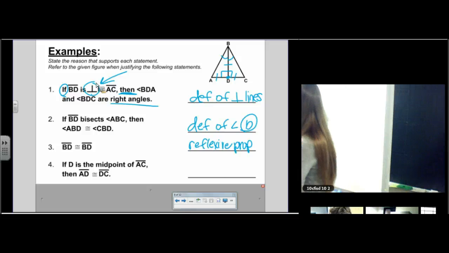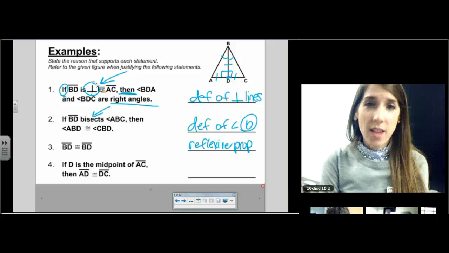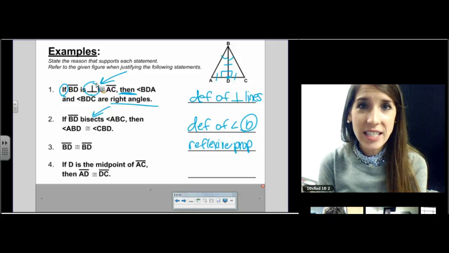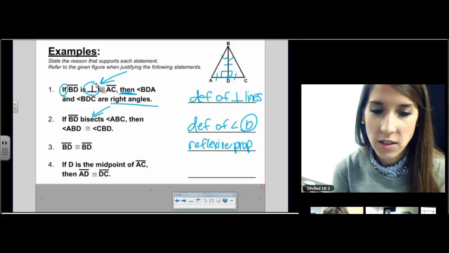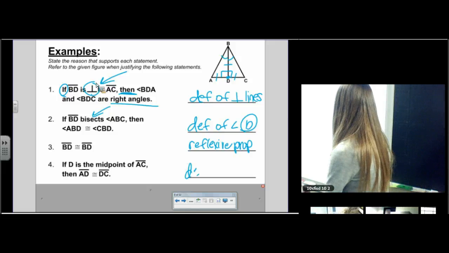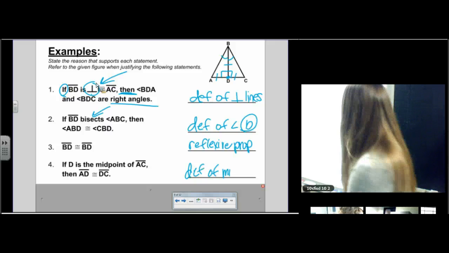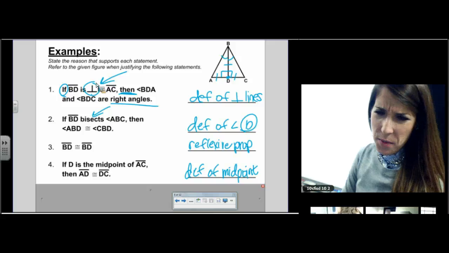See how you see the word bisect? And the answer is definition of angle bisector. So a lot of times the answer is in the question. So this one is definition of midpoint.